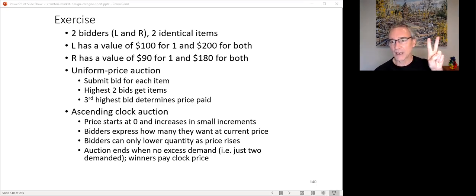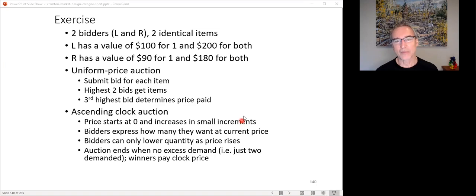Isabel and Sebastian are both bidding for 2. Sebastian is bidder R, Isabel is bidder L. It's worth 100 a unit for Isabel, 90 a unit for Sebastian. So hopefully everybody's clear. Yes means 2, no means 1, and no means 0.